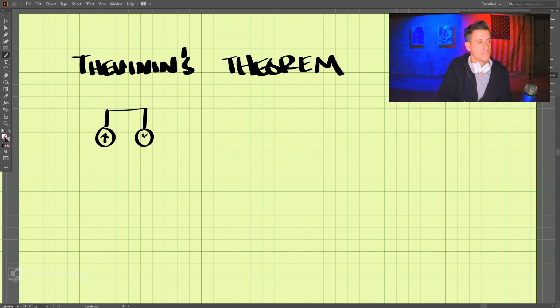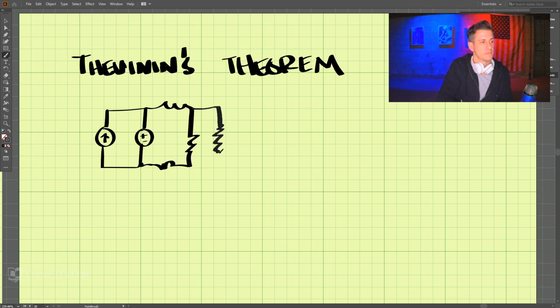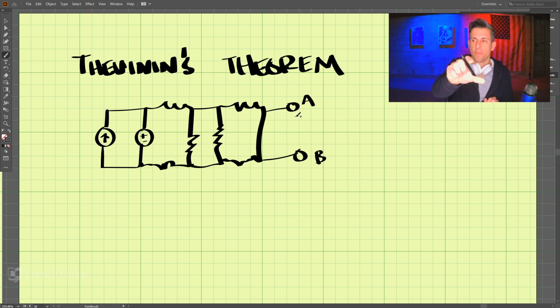So if we have something very complex with a bunch of resistors, and we have terminals A and B, and let's say we plug something into A and B. It could be a cell phone, a variable resistor, or a computer. We put something between A and B.